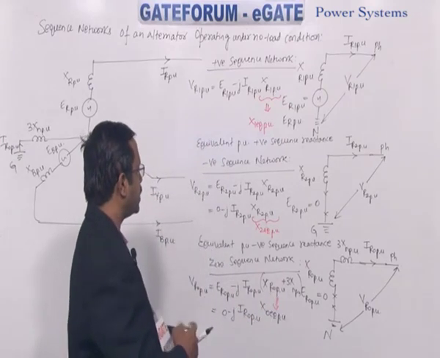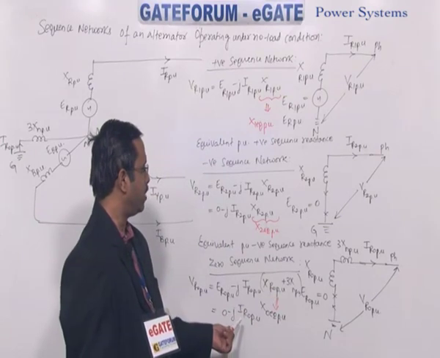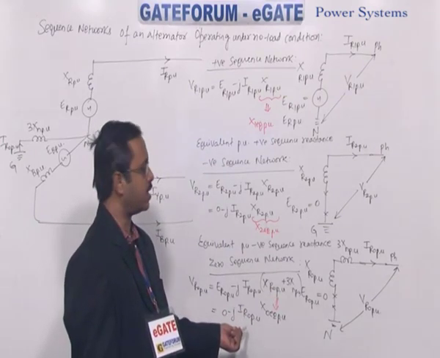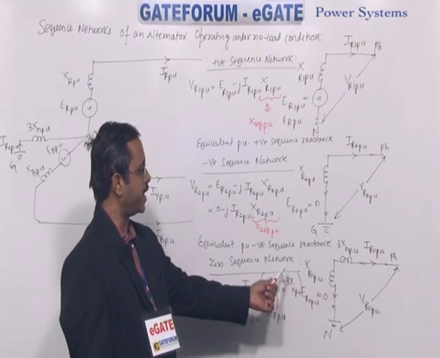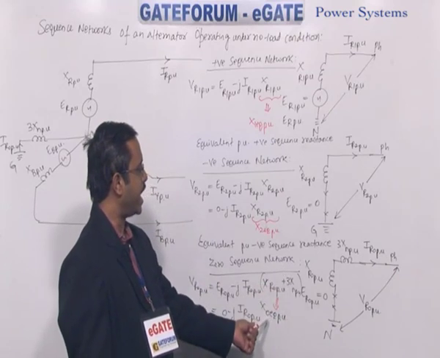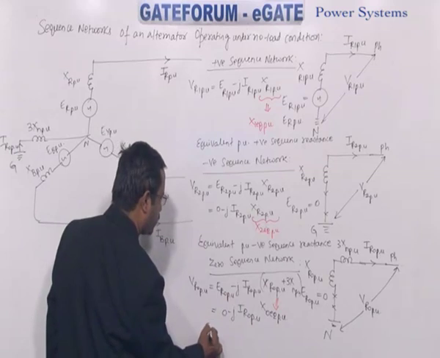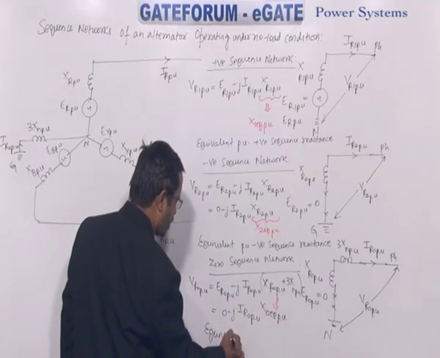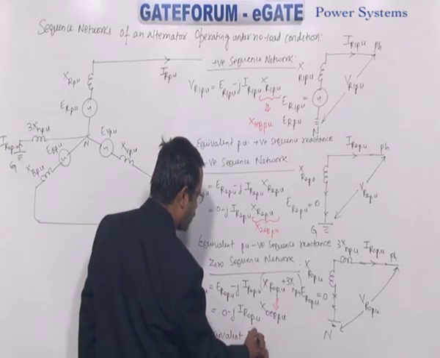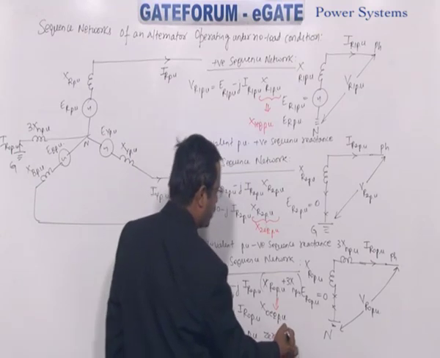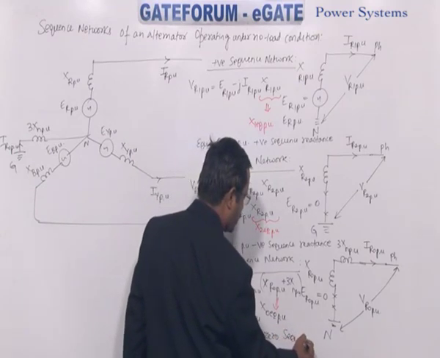What is the reactance offered to the flow of zero sequence current? XR naught plus 3XN, or you say X naught equivalent per unit. What is X naught equivalent per unit? It is the equivalent per unit zero sequence reactance.